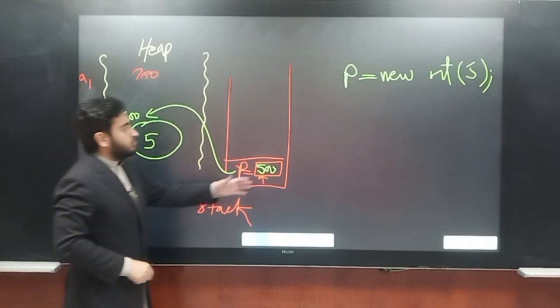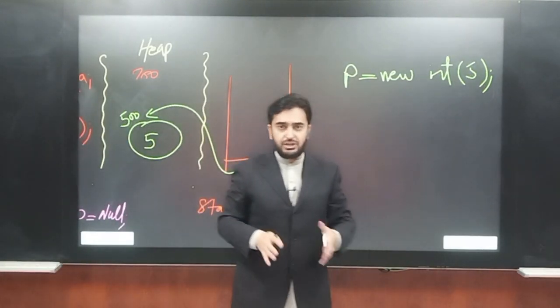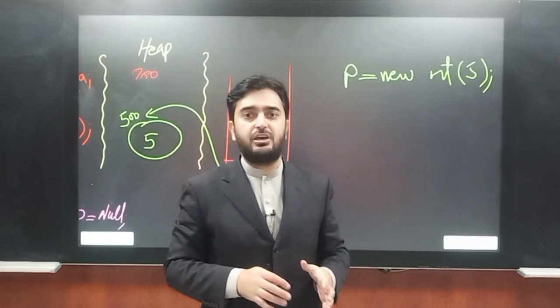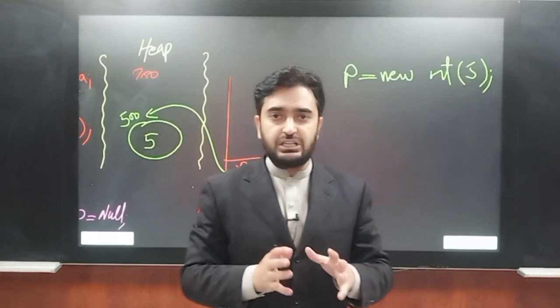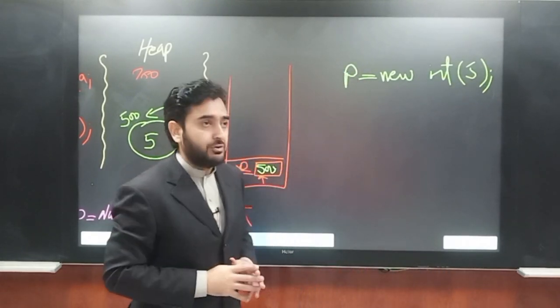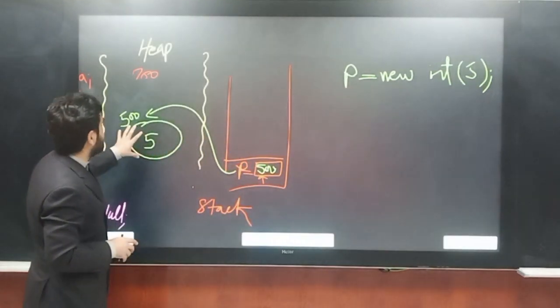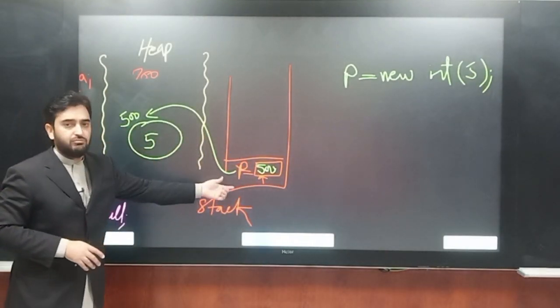So with the new keyword we are going to create new objects inside the heap, while using the delete keyword we delete the objects created inside the heap using the pointer variable.